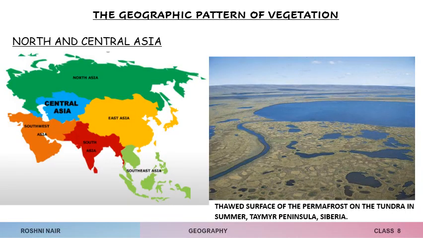Now, when we are observing the geographic pattern of vegetation, considering Asia as an example, you remember in the previous chapter, we had studied in detail about the different political divisions. So, in short, when I am doing the political division, I can also relate the same to the geographic pattern of vegetation.